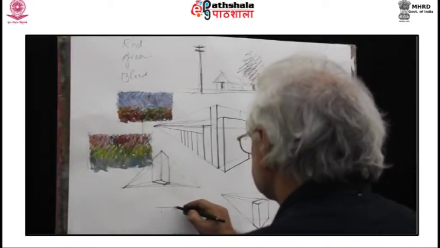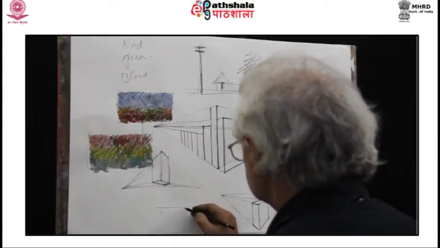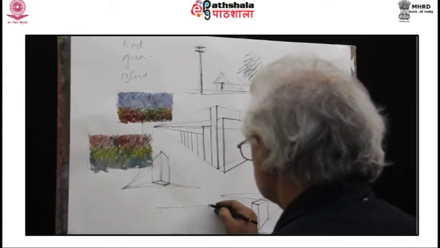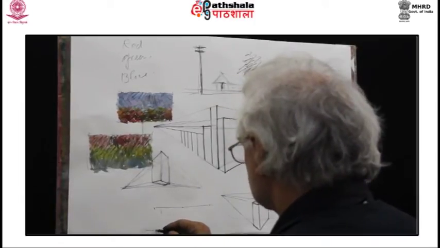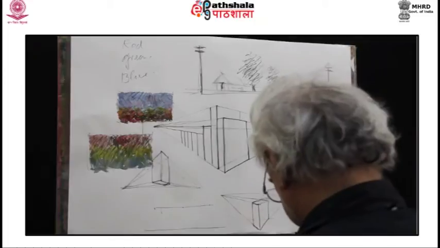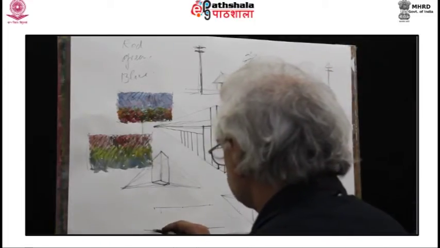Experiment now with three vanishing points. Draw a horizon, and mark 3 points over it. Draw another line and divide it into many parts by adding dots.